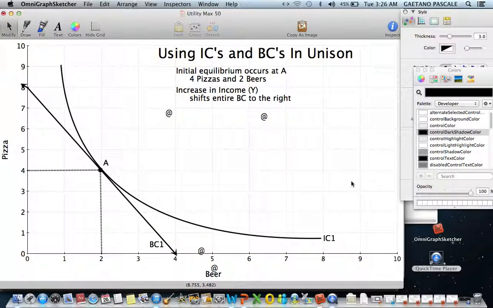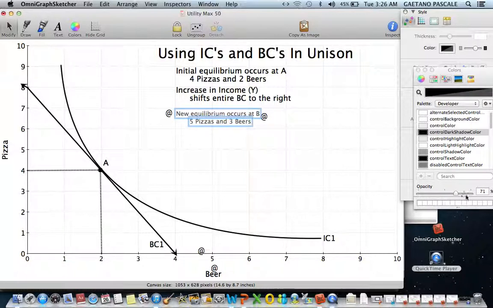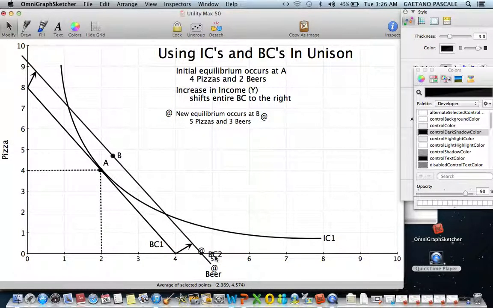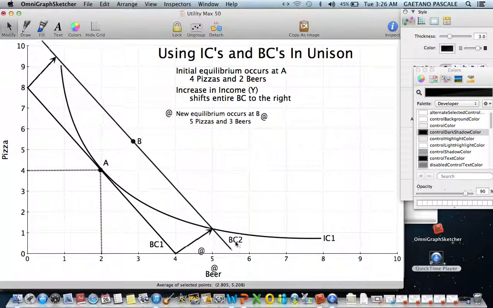All right, so here we are at that initial equilibrium. Let's take a look at what happens to that equilibrium if there's an increase in income. What happens is, if there's an increase in income, the entire budget constraint shifts to the right.